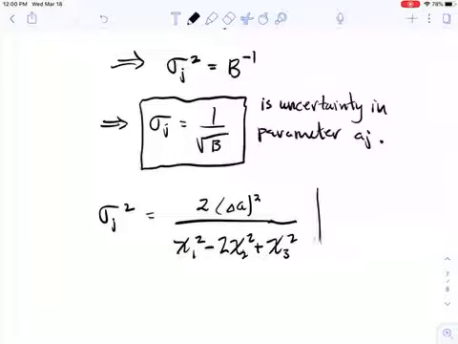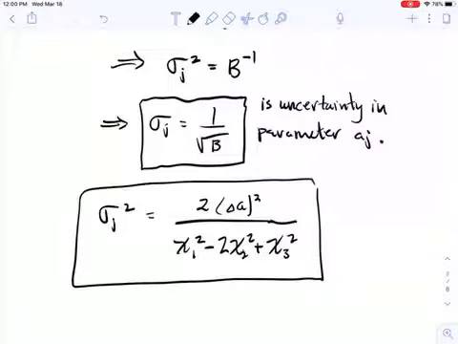So the process to estimate this uncertainty would be to calculate a bunch of chi-squared values near the minimum of aj and produce a plot of those, and that plot should look quadratic.